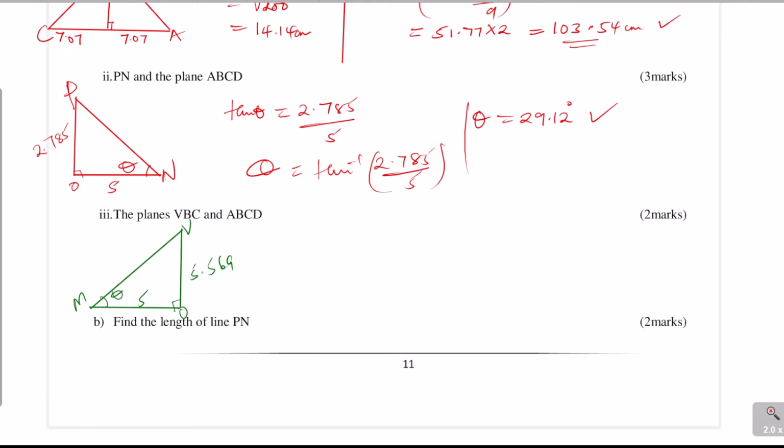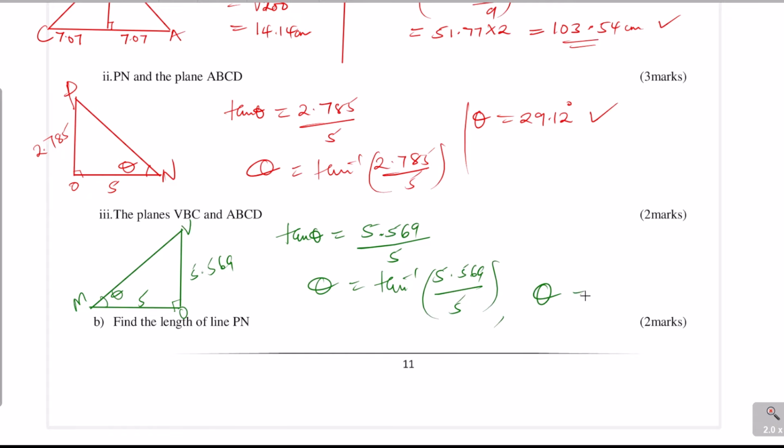So now getting the angle, we use trig ratios, opposite over adjacent, we use tangent. So tangent of theta is equal to 5.569 divided by 5. So theta will be the tan inverse of 5.569 divided by 5. As simple as that.